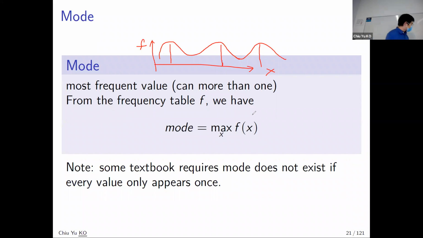The reason is this is sometimes how you write your software package, because you can easily find the most frequent thing. So that's how we define it this way, just to make sure this will be a well-defined concept. Rather than the mode not existing, we allow that if everything appears once, everything will be a mode. Of course, in that case, if everything appears once, then it's not very useful.